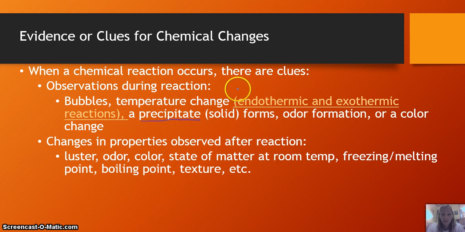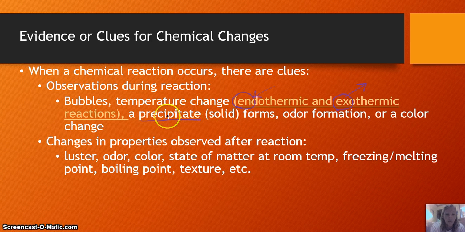An endothermic chemical reaction means that heat energy is being absorbed into the substance. In an exothermic reaction, the heat is actually leaving the substances, so heat moving towards the air or the substance around the chemical reaction.